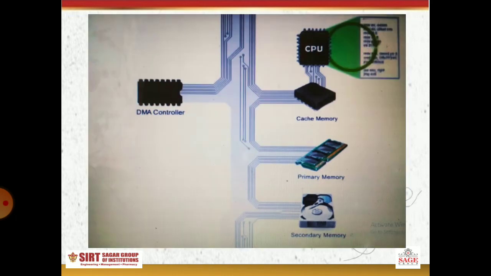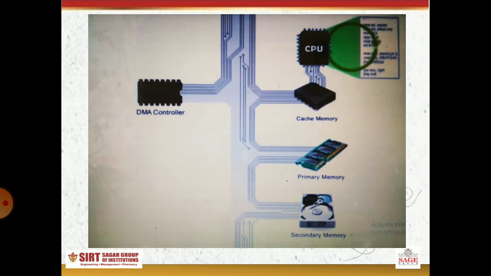But what is a DMA controller? Simply speaking, a DMA controller is a special purpose processor which is used to ensure the completion of the input output request with least intervention of the CPU. But how does this coordination between the CPU and the DMA controller happen?